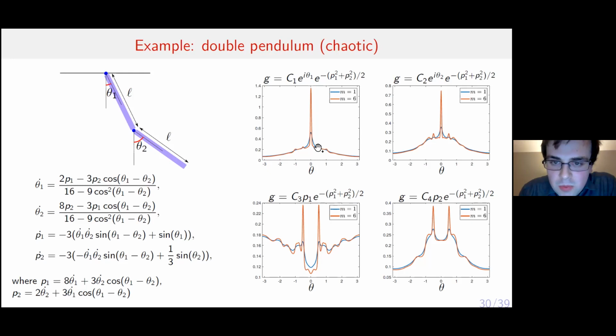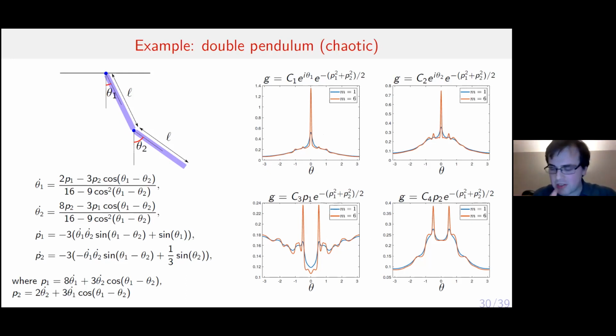And for m equals 1, the Poisson kernel is oversmoothed. m equals 6 is much more accurate. And in fact, I verified this against smaller smoothing parameters and other kernels as well. This is the same plots, but now for the momenta P1 and P2. And you can see you get a much more interesting spectral measure, suggesting perhaps more complicated interaction with the dynamics.